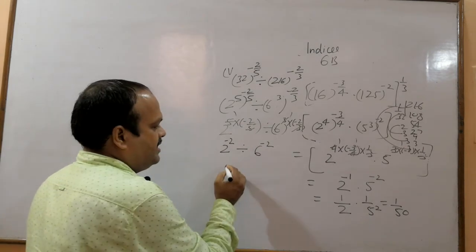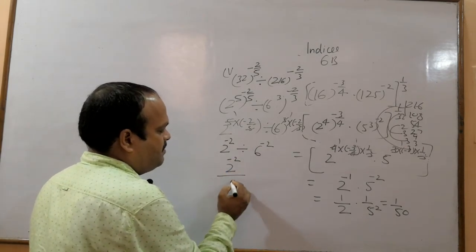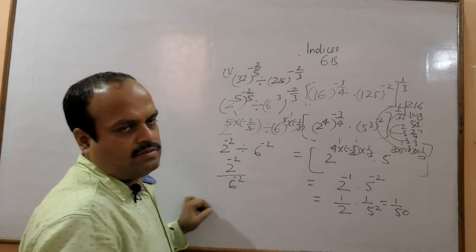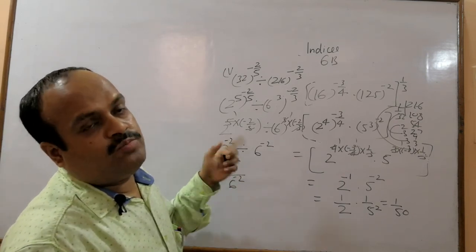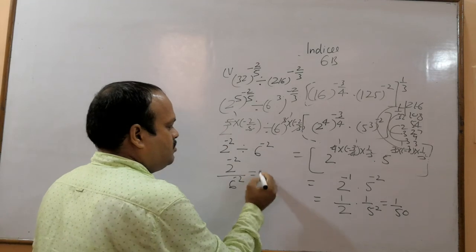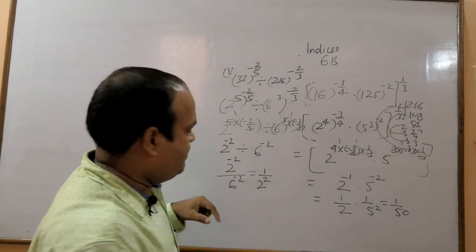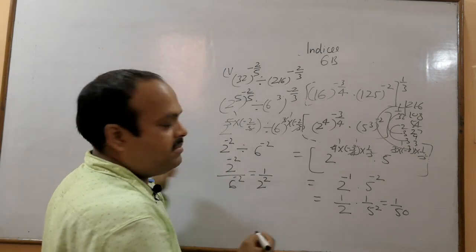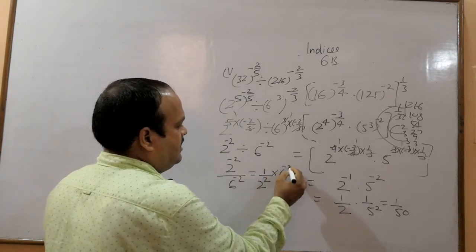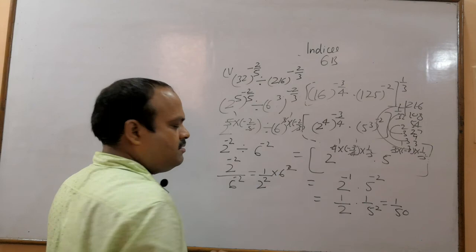So we can write it as 2 to the power minus 2 upon 6 to the power minus 2. It would be better to make the power positive. So we will be writing it as 1 upon 2 to the power 2, and this will go up. We will write it as 6 to the power 2.